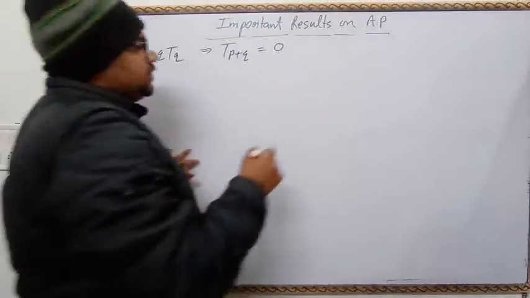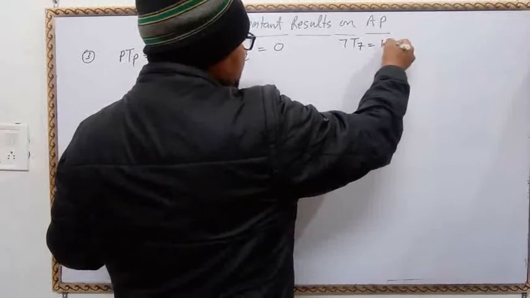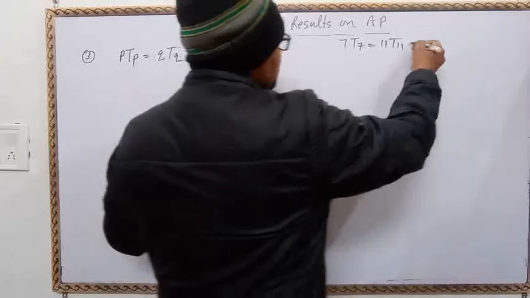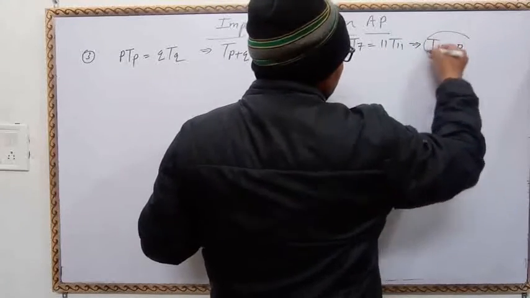Suppose 7 times the 7th term is equal to 11 times the 11th term, then T(7+11), that is T18, will be 0. How? Okay.